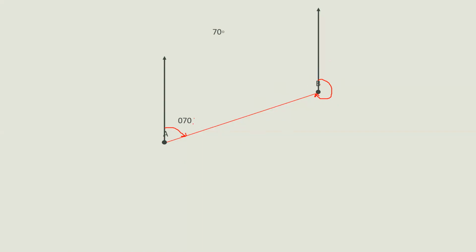So I have this as 70 degrees, and since they're interior angles, this comes out as 110. 180 minus 70 is 110. And then I subtract 110 from 360 to give me 250 as the bearing from B to A.